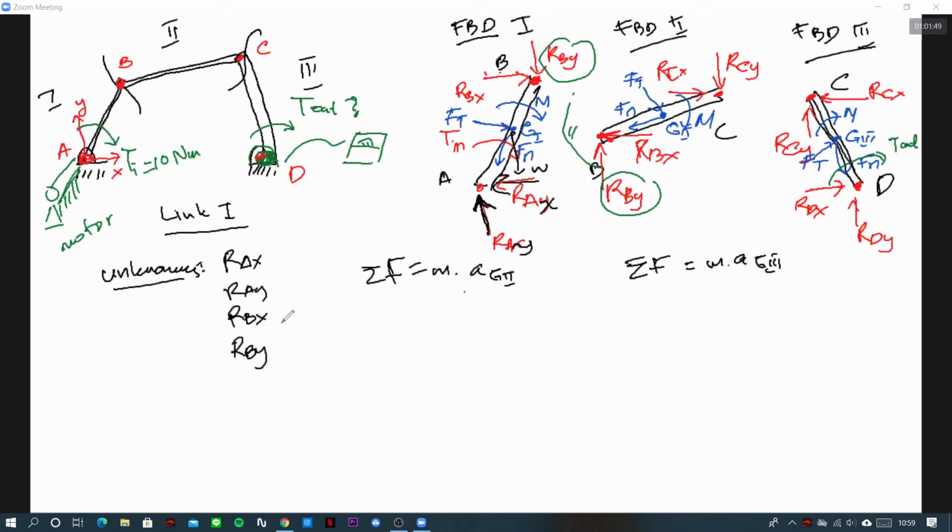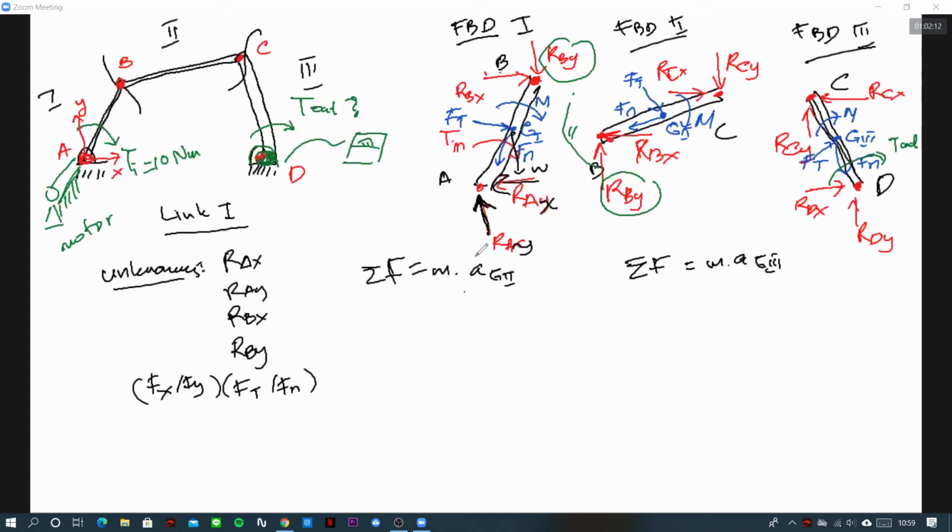We also have FT and FN. You can also write it as FX, FY, or we can write it as FT, FN. That's it, right? Yes.